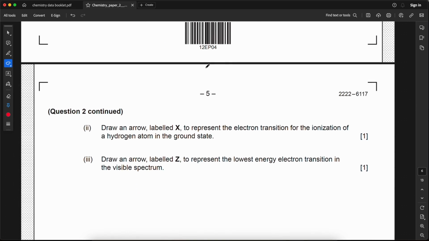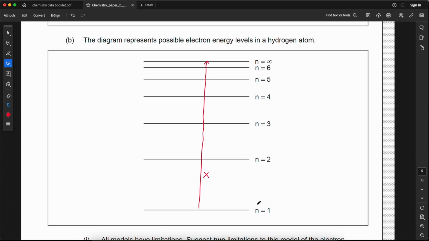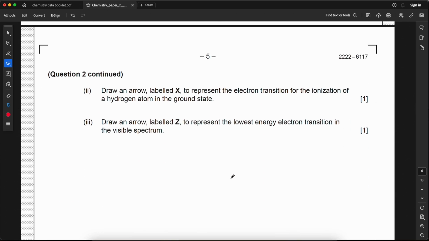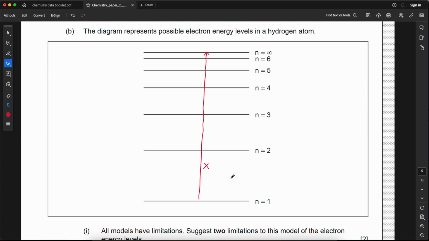Label Z to represent the lowest energy electron transition in the visible spectrum. You need to know that transitions between n=2 and n=1 are UV, so it's not visible. But now it's asking for the lowest energy electron transition. When the energy is the lowest, the wavelength should be the longest. So these are the longest. The wavelength is 656 nanometers, which is red color.